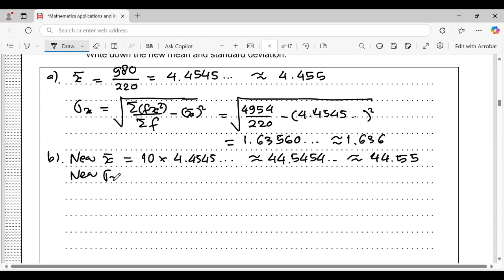The new standard deviation, 10 times 1.63560, is 16.356 or 16.36. Yeah.